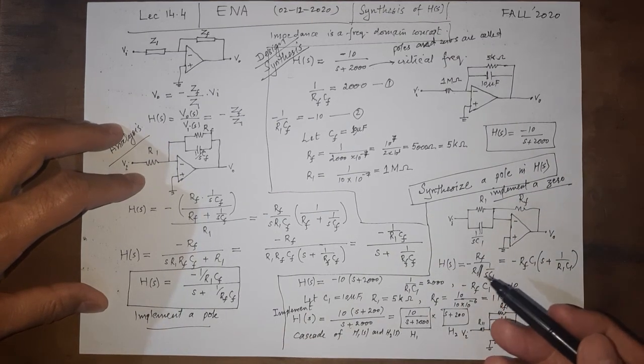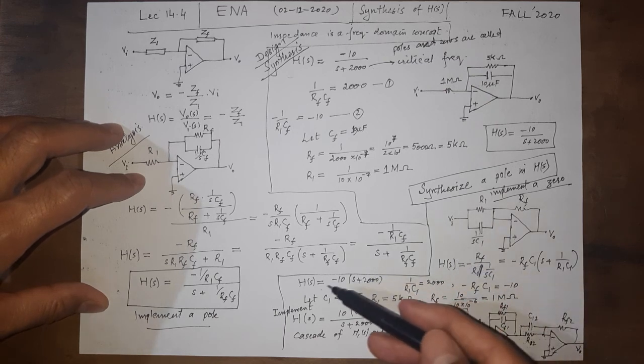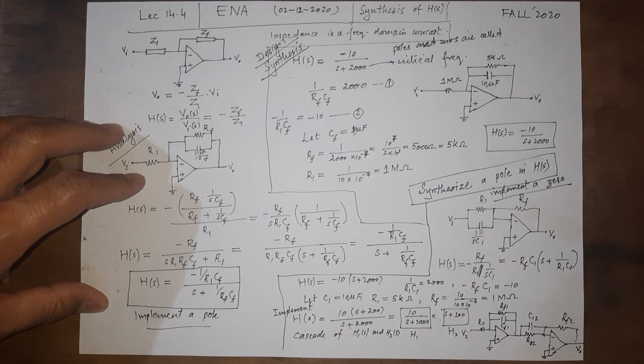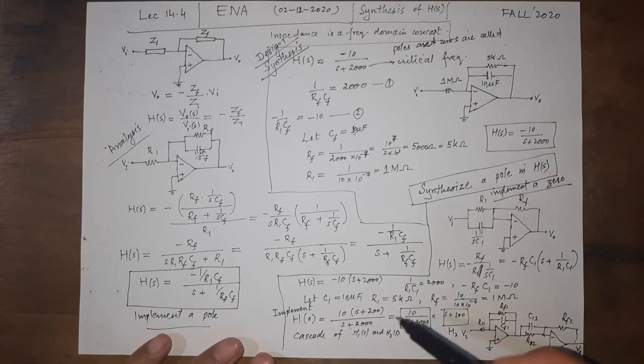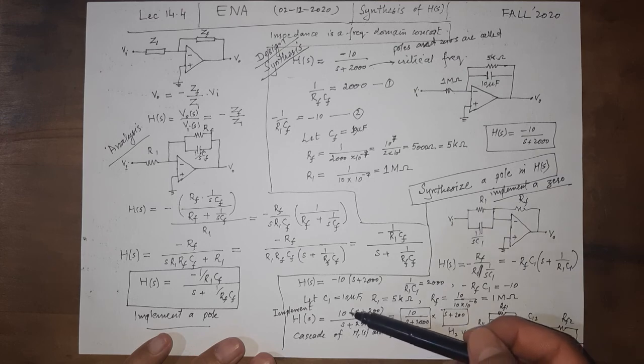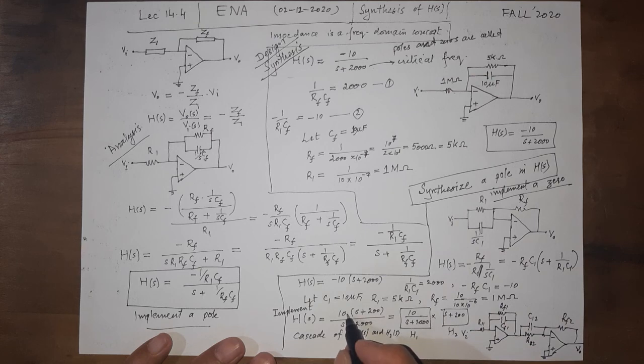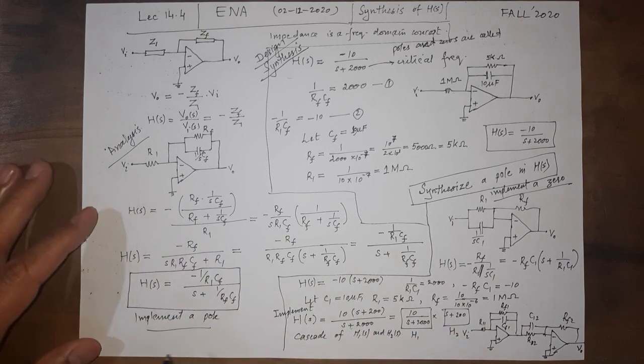So that's it. The poles and zeros in a transfer function can be implemented. There is an exception, and that is if we have a zero at 0. So we have an S in the transfer function.